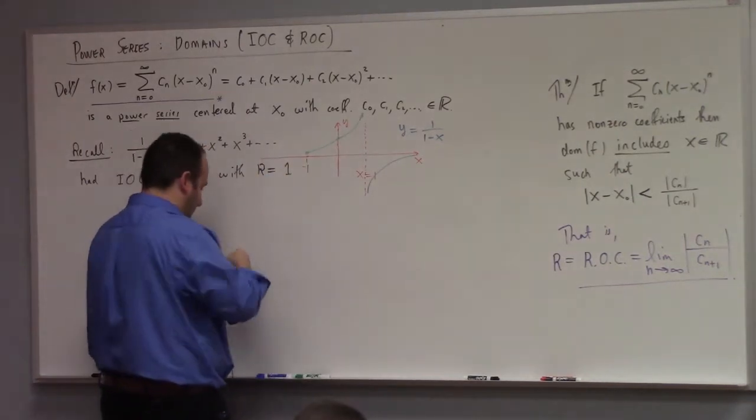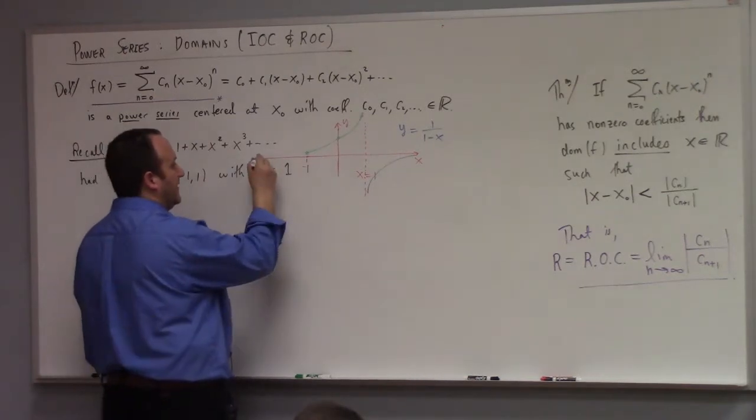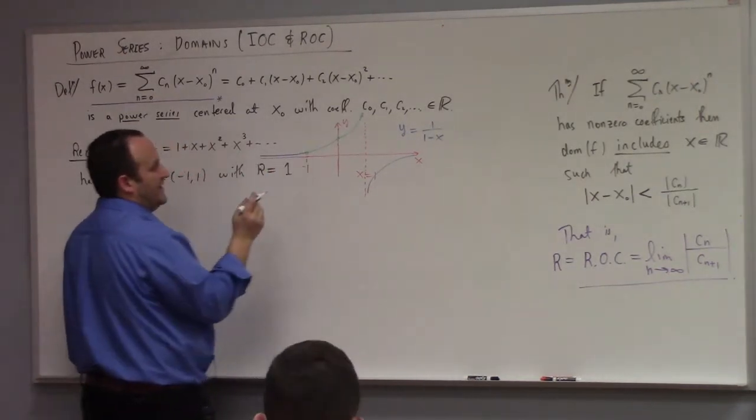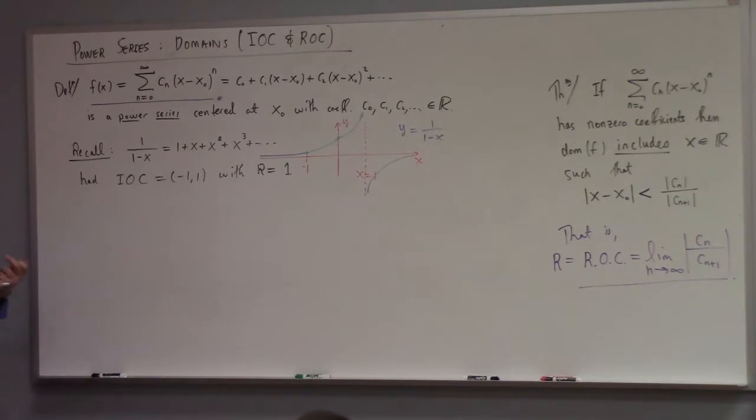What I'm trying to say is that the function defined by y equals 1 over 1 minus x is defined for many more x than the power series 1 plus x plus x squared and so forth that represents it, right?